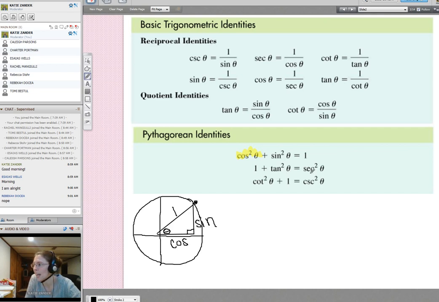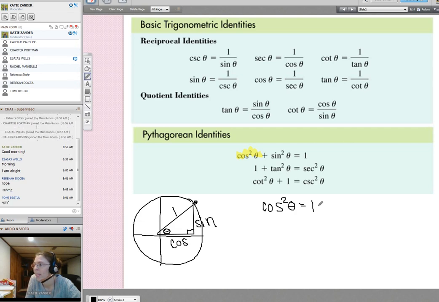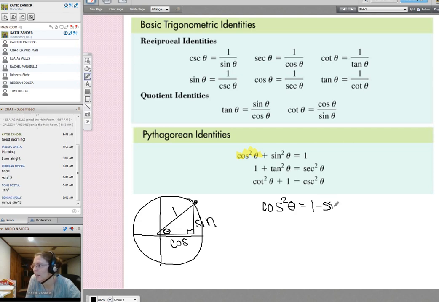How would I get cosine squared by itself? You would subtract the sine squared. So note that each identity that's listed here has 2 other forms that can follow suit from it.